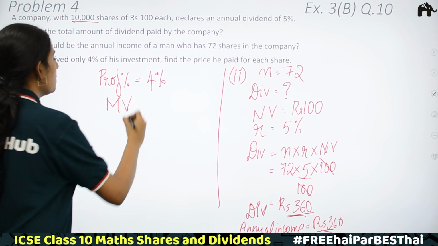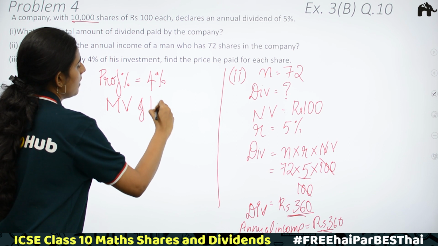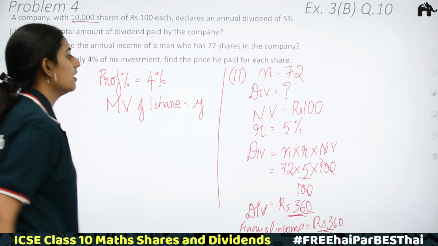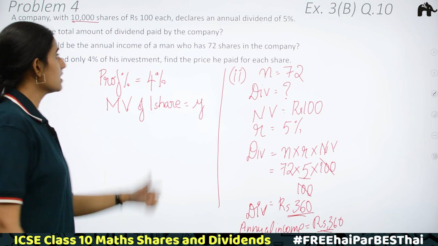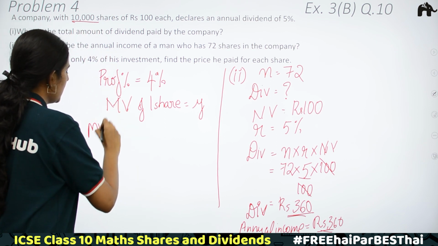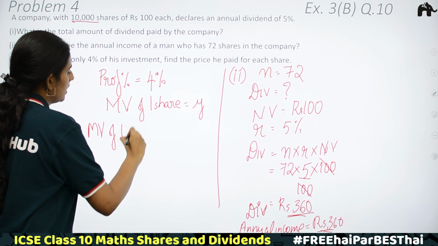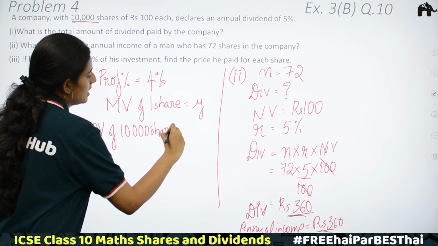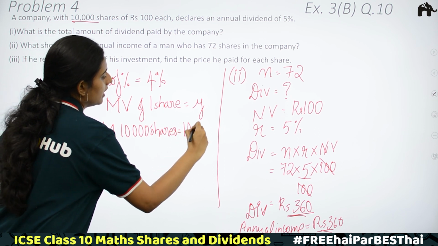Let's take the market value of one share as Y. What is the total number of shares? 10,000 shares. Therefore, the market value of 10,000 shares is equal to 10,000 Y.